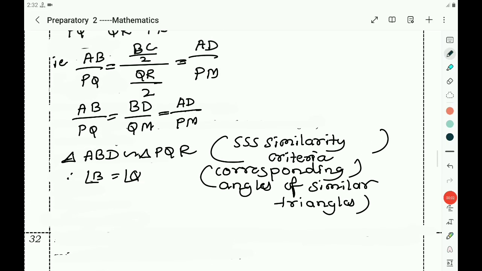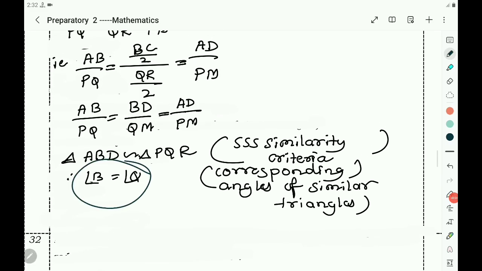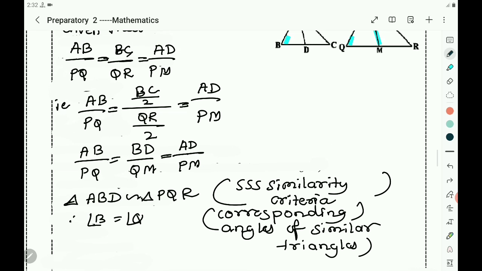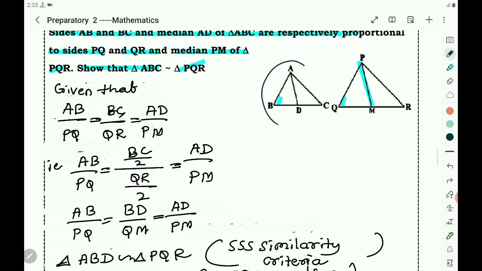By using angle B equals angle Q and AB by PQ equals BC by QR, you can write triangle ABC similar to triangle PQR.